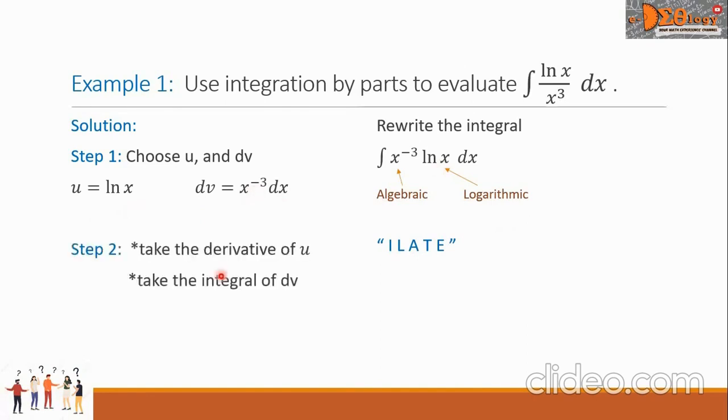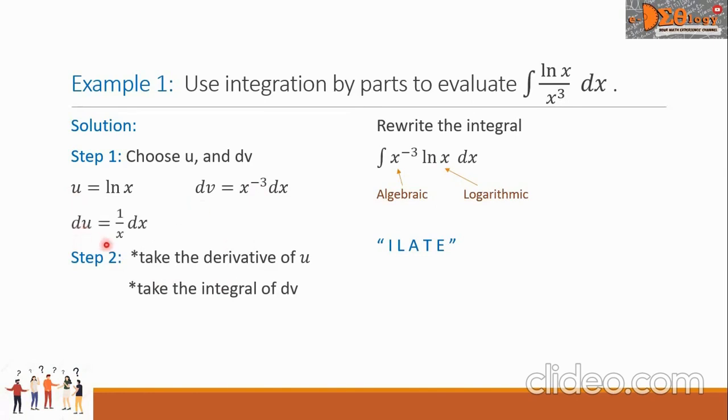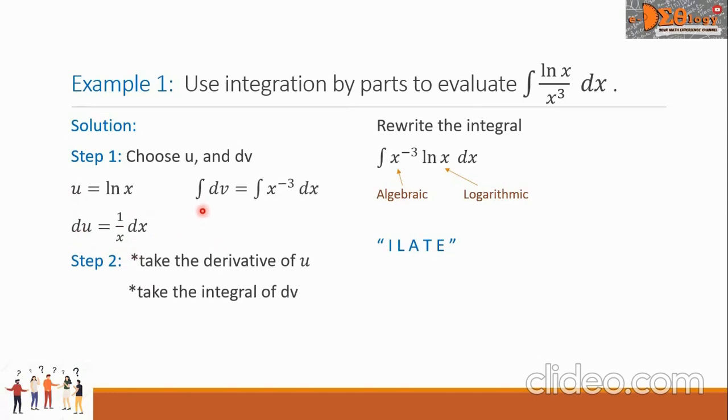Now step 2, we will take the derivative of u while take the integral of dv. So the derivative of u is du equals the derivative of ln x is 1 over x dx. For the dv, we will take the integral.